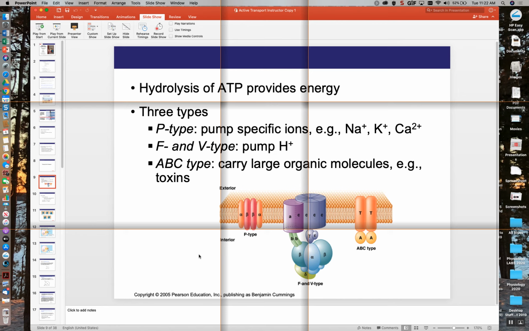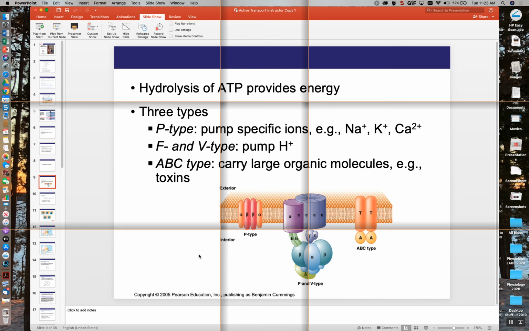A lot of times there's compartments within the cell, like lysosomes, that pump hydrogen into vesicular regions, and it makes a pH change within that vesicle. Most of the time they're pumping protons, hydrogen ions.